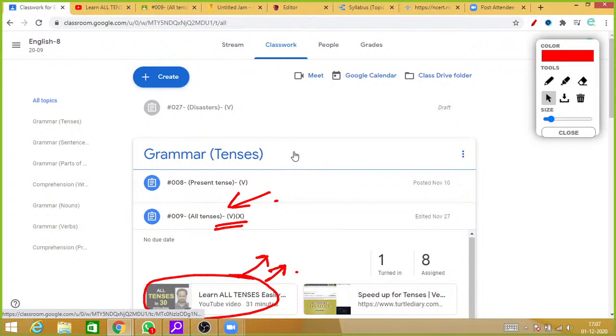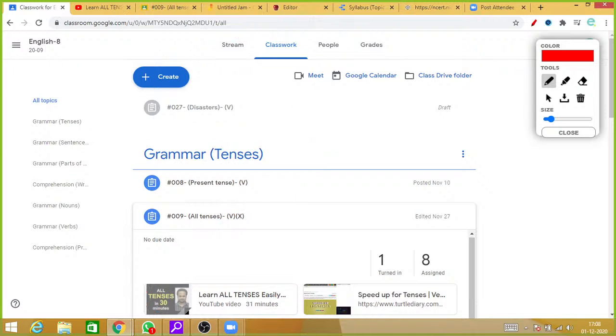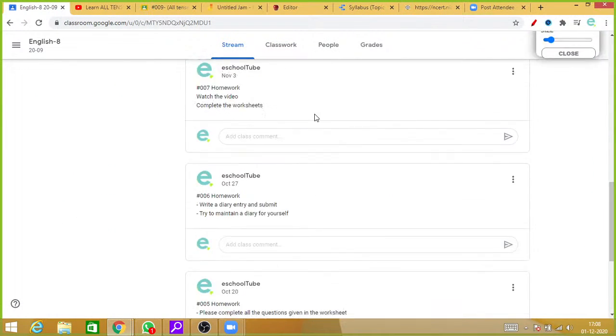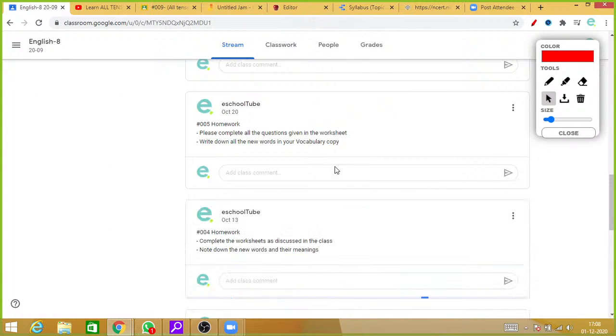When you join the Google Classroom, you will see these 3 options on your phone. Have you joined using laptop or using a phone? Okay, so you'll see these 3 options at the bottom of the screen. Okay, so in the stream, if you click on stream and you scroll down, just a second.